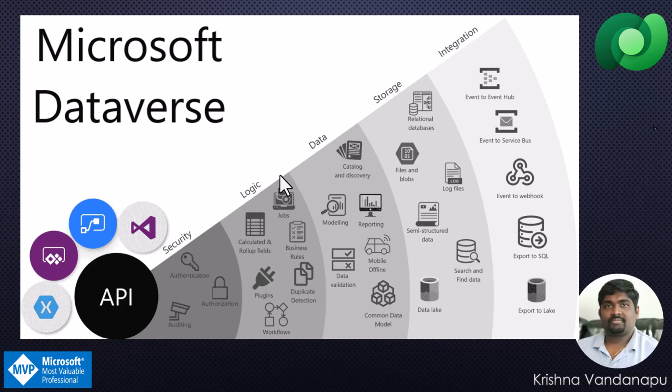Third one is the data. This is where we are categorizing or modeling the data we are storing. I can store the data with a relational model, because Dataverse is very advanced and supports nth degree of data normalization.